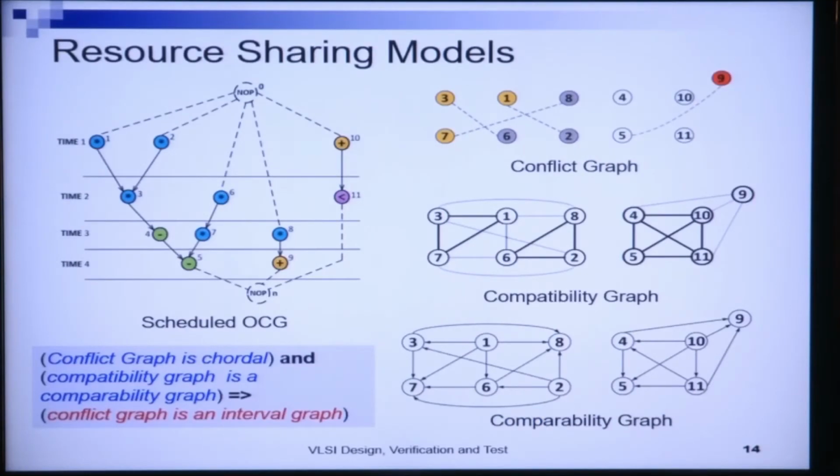For example, let us take this compatibility graph that I have here. In this compatibility graph, let us take one cycle 1, 3, 7, 6. In this cycle, there is a chord 1, 7. This is a cycle of length 4, and every cycle of length more than 3 must have a chord joining non-consecutive vertices.